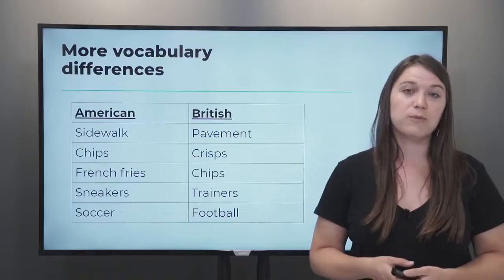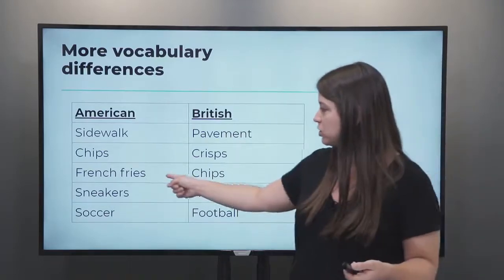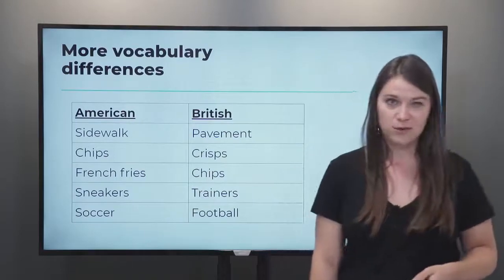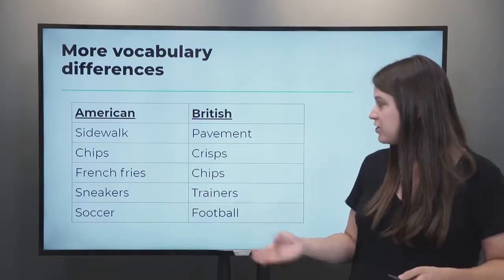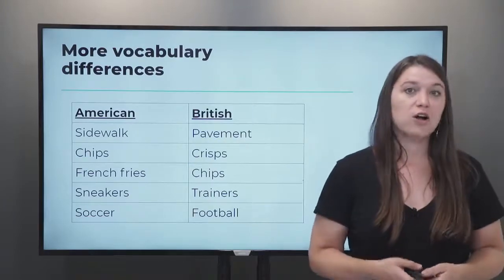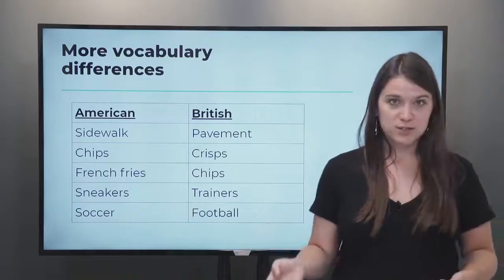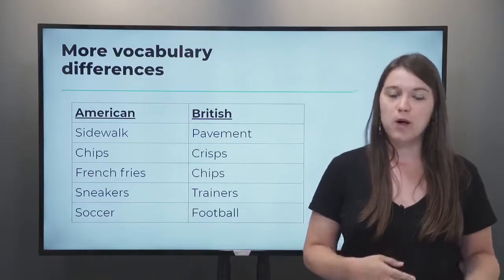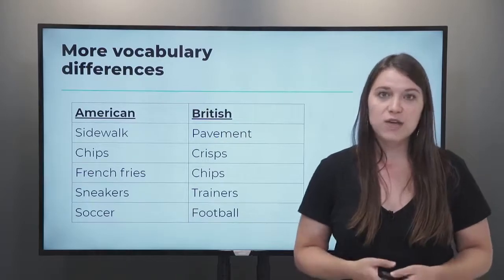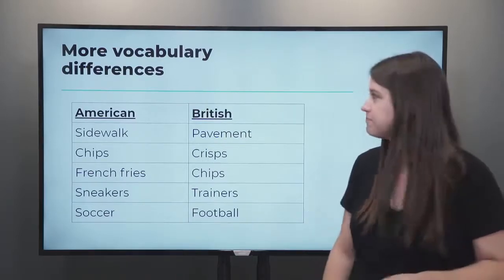You're familiar with the term fish and chips, okay? This is what we would refer to in the States as French fries. So be careful with that one, all right? Sneakers in the US are called trainers in British English, and the sport soccer is called football. We don't use this term football because for us in the United States, football refers to American football, which is a completely different sport.